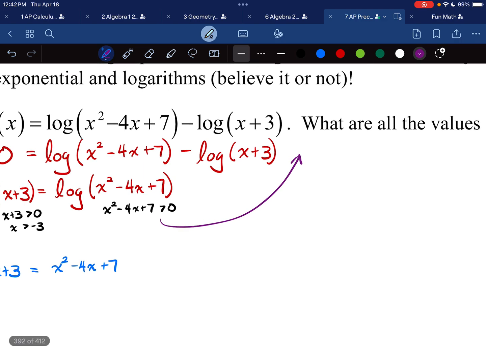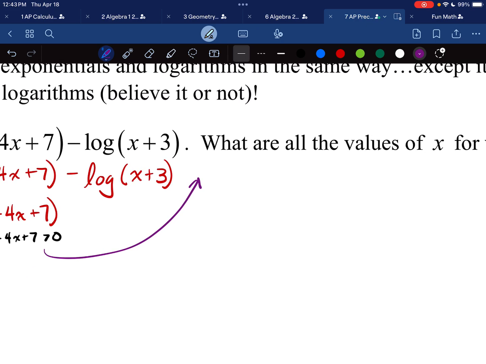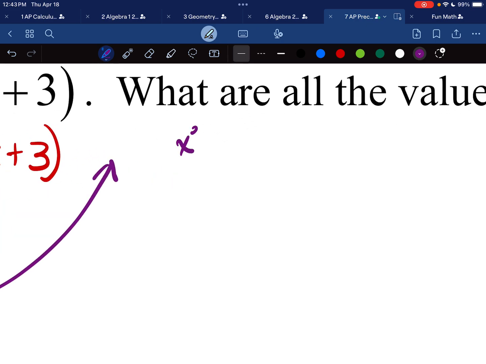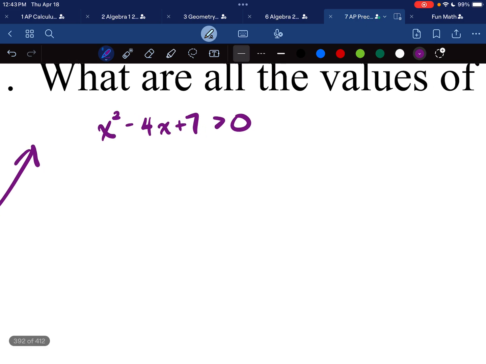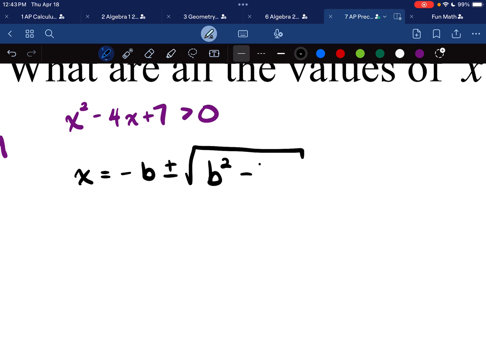Let me come and do this problem over here. What I have is, let me rewrite, x squared minus 4x plus 7. Technically, that has to be greater than 0. I'm going to apply quadratic formula, and I'm going to say, let's sing the song, right? x is equal to negative b plus or minus square root b squared minus 4ac all over 2a.